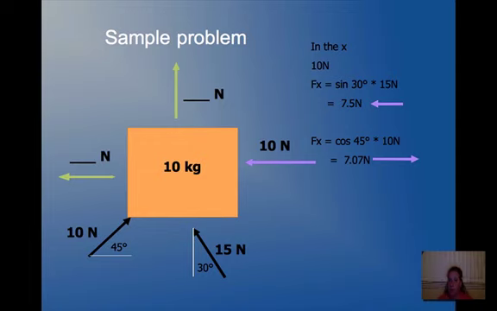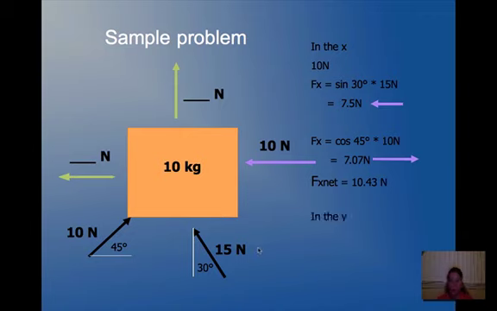A little off the sig figs, of course, that would be 7.1 when we get our sig figs in. This is now a total force of 10 to the left plus 7.5 to the left minus 7.1 to the right. So the net force with sig figs would be 10.4 newtons.